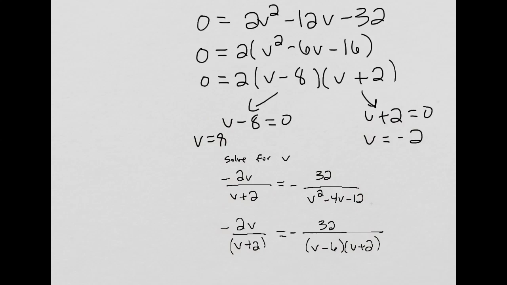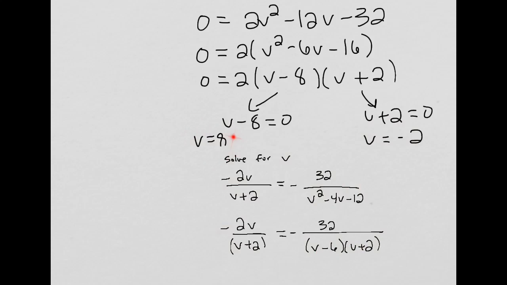So I could check the solutions in either one of these two forms. Remember when I factored this first one, it factored into v minus 6 times v plus 2. So I can check these solutions in either this first form of the equation or the second form. But notice the second form is actually really nice because I can see right away whether either one of these factors would end up being 0 if I plugged in my number.